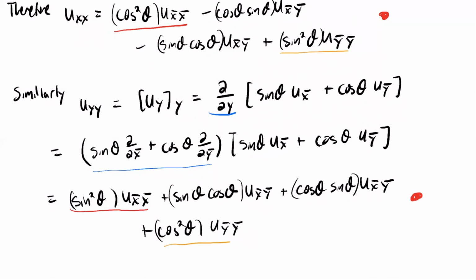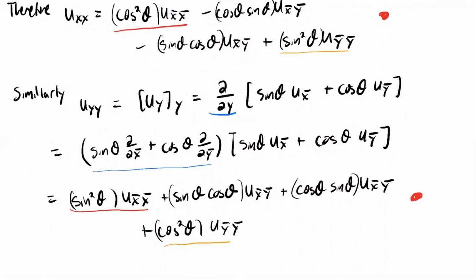Remember, cosine squared plus sine squared is equal to 1, so those terms will simplify. But for the remaining terms, I have the same things with opposite signs. Here I have minus 2 cosine theta sine theta times u_x bar y bar, and here I have positive 2 times sine theta cosine theta u_x bar y bar. So when I add those together, they're going to cancel.